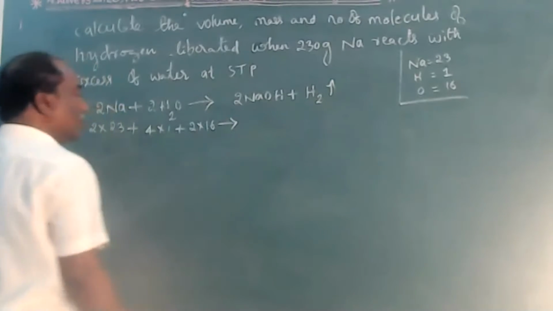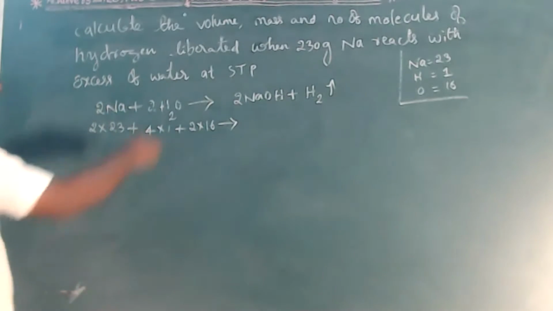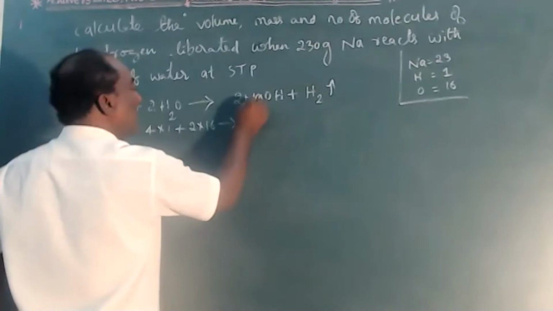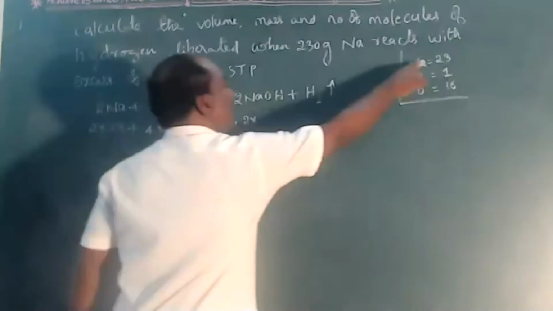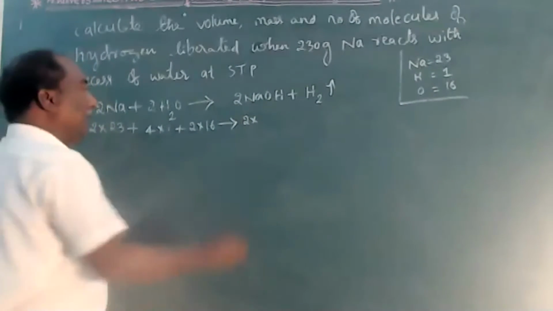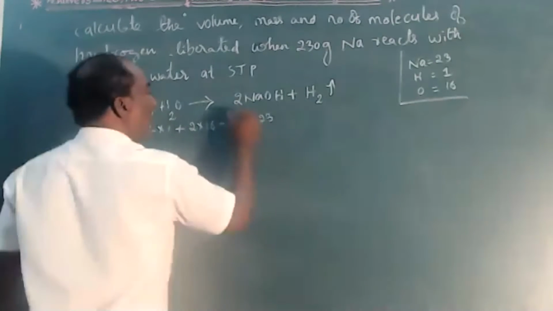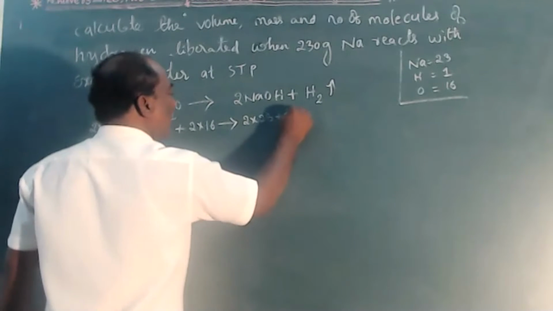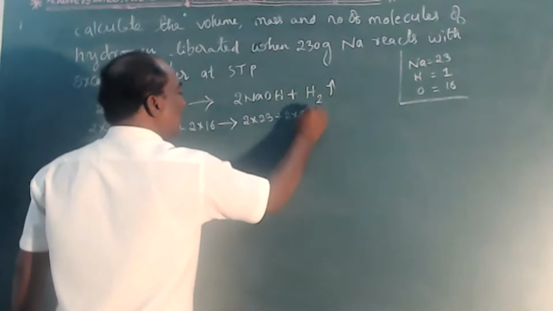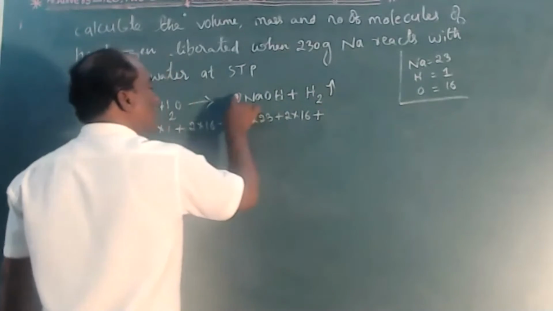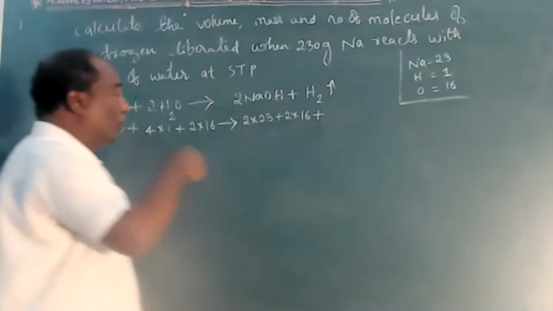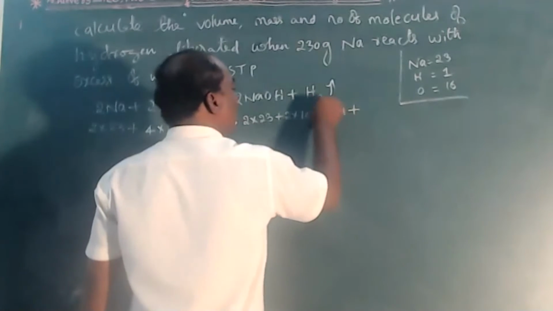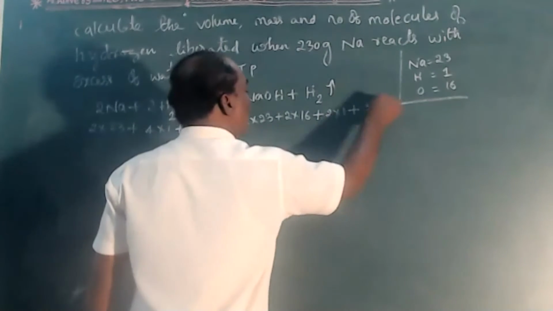That gives rise to 2 NaOH. 2 into Na, sodium, how much? 23. Then this 2 belongs to oxygen also, plus 2 into O means 16, plus this 2 belongs to hydrogen also, 2 into 1, plus 2 hydrogens, 2 into 1.